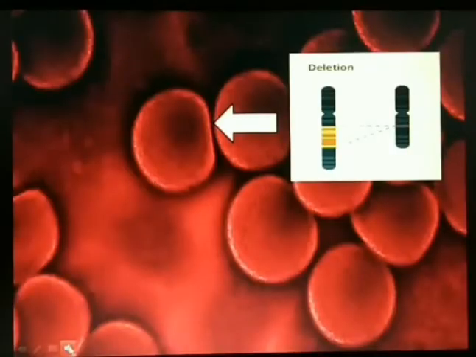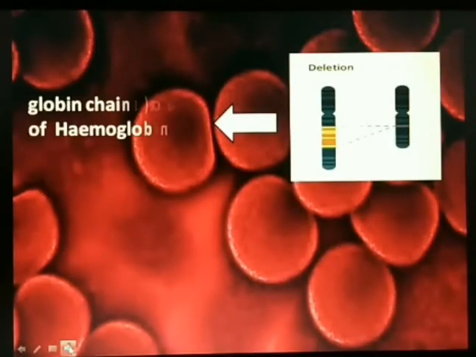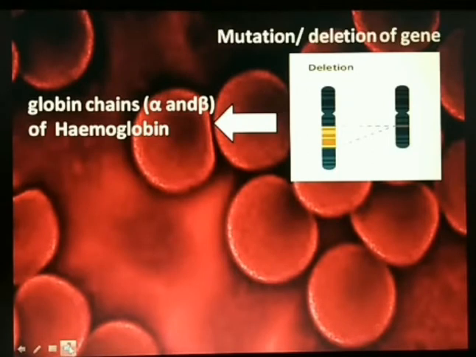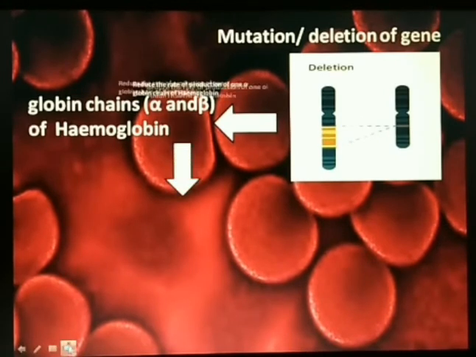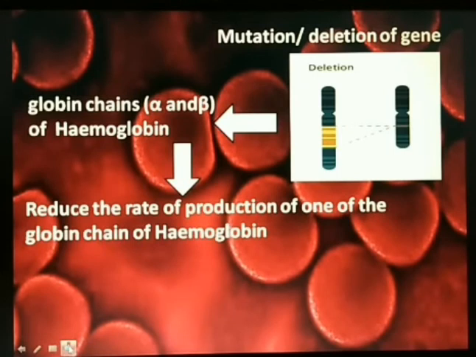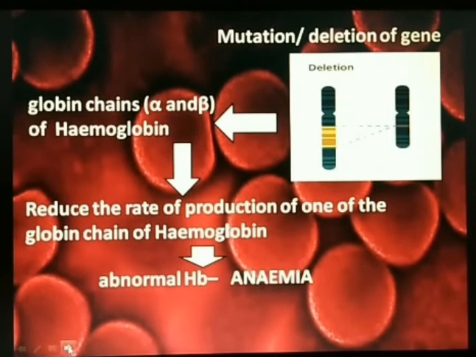There are genes on the chromosome that are responsible for the formation of these alpha as well as beta globin chains of hemoglobin. But if there is any mutation or deletion of this gene, it will result in a reduced rate of synthesis of one of the globin chains of hemoglobin, that will lead to abnormal hemoglobin leading to anemia.